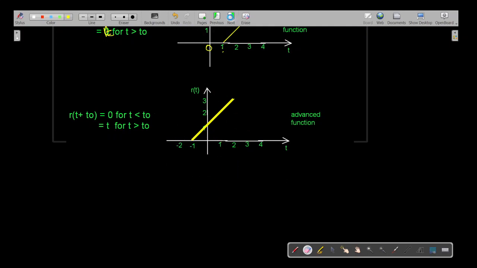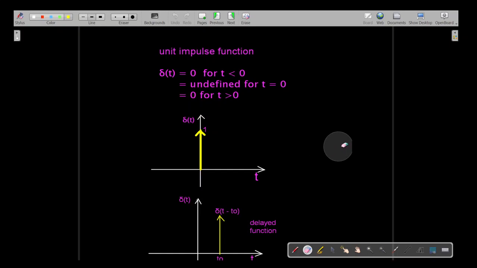Then we have one more function, that is the unit impulse function. The unit impulse function is represented like this, del of t. So del of t is equal to 0 for t less than 0, it is undefined for t equal to 0, and it is again 0 for t greater than 0. So it is only defined at t equal to 0, at this particular instant alone.